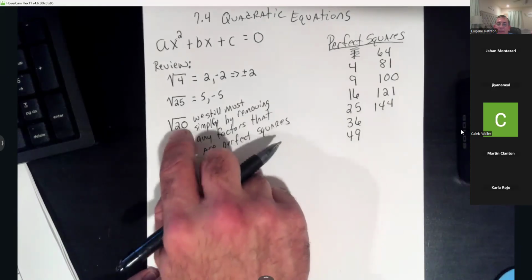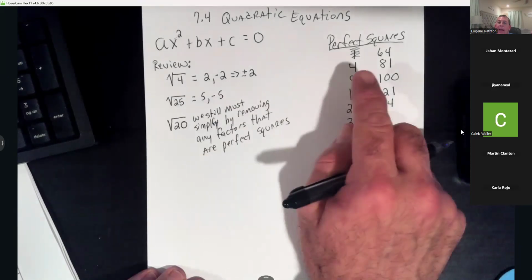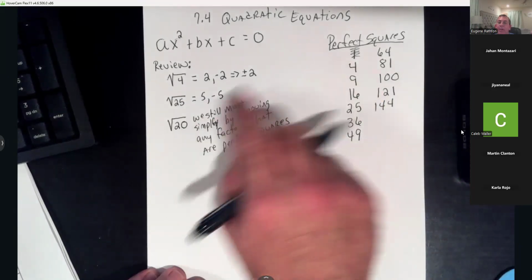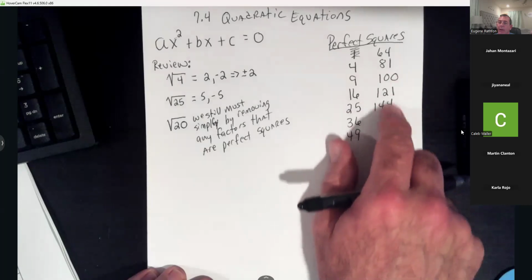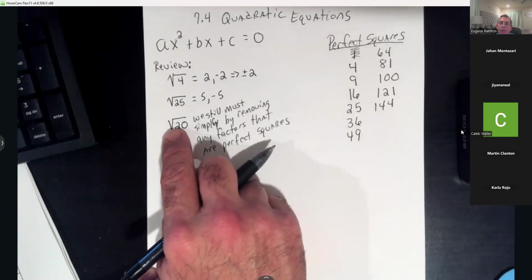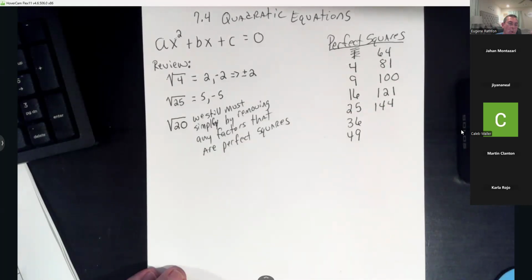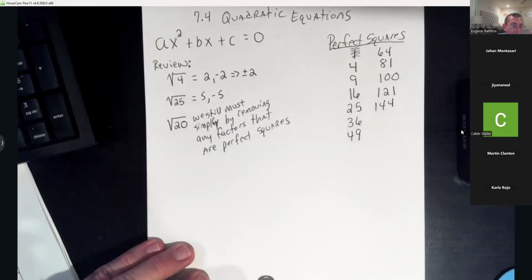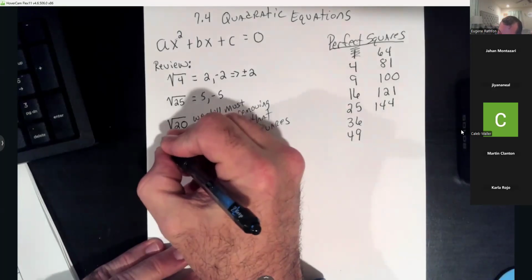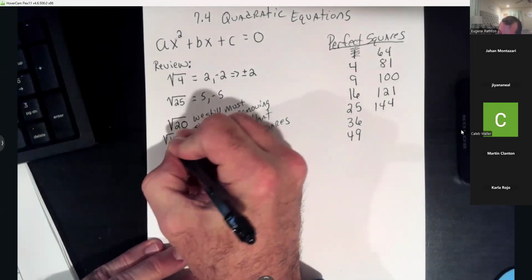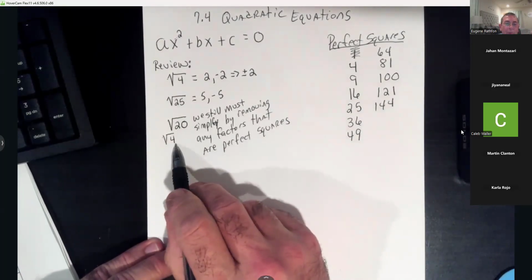So to simplify this square root of 20, I got to remove any factors that might be a perfect square. So do y'all see a factor of 20 that is a perfect square? So 4 is a perfect square. Good job.